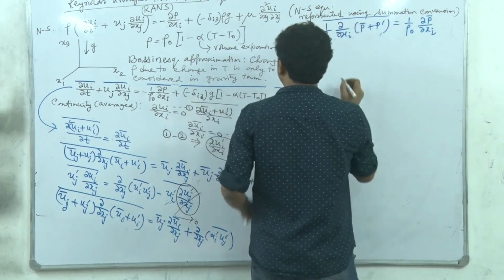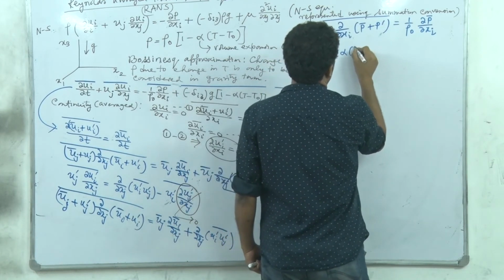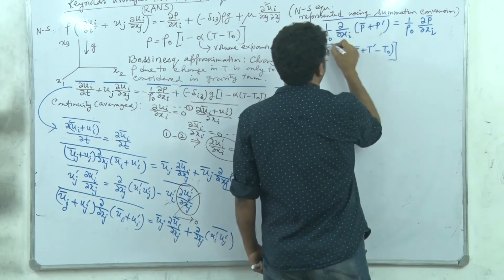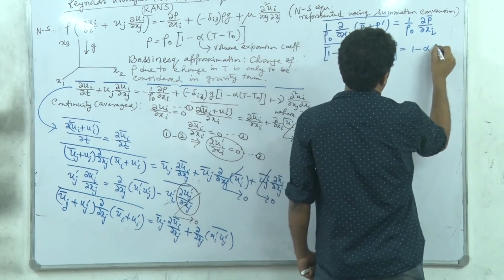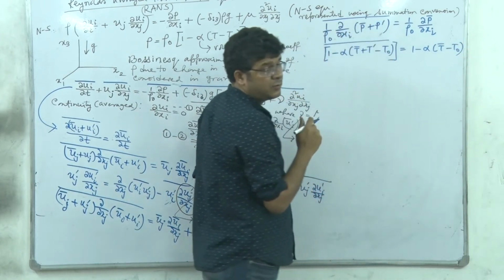Fine. Then 1 minus alpha (t bar plus t prime minus t naught), the average of that again reduces to 1 minus alpha (t bar minus t naught), because t prime average is equal to 0.